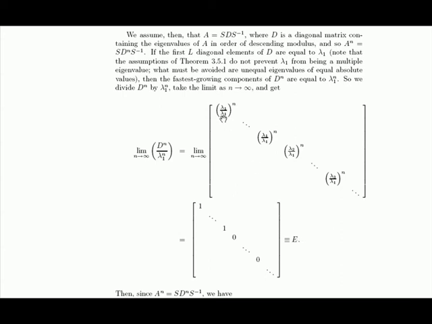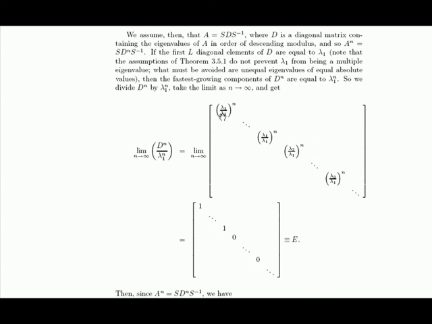Normally E will just have a 1 in the upper left corner and 0 in all the other entries. If lambda 1 is a multiple eigenvalue, then you may have more than one 1. The key thing is that this is converging to something, and that's where you need the fact that there is a largest eigenvalue.